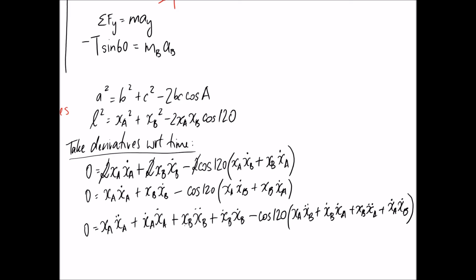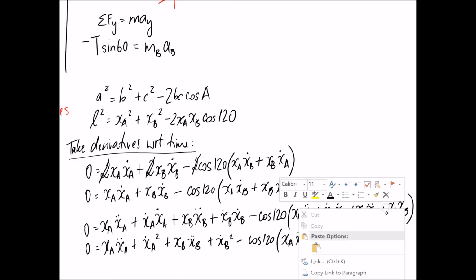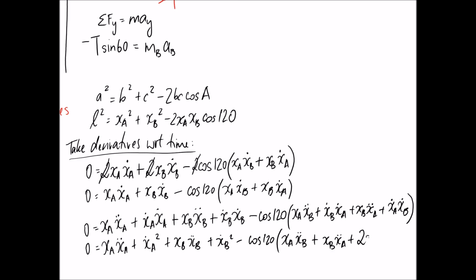So I'm going to make this a bit nicer, and we end up on the end here with two of these terms. So 2 xb dot xa dot.